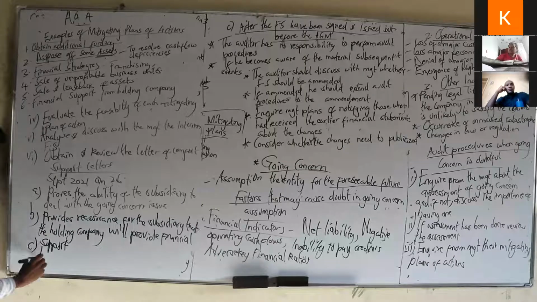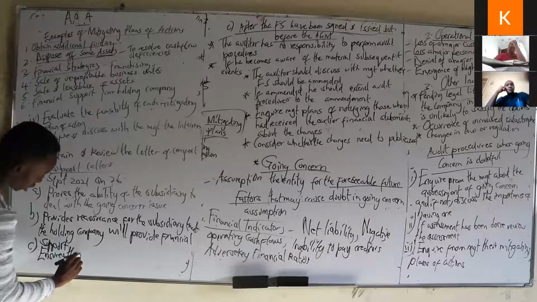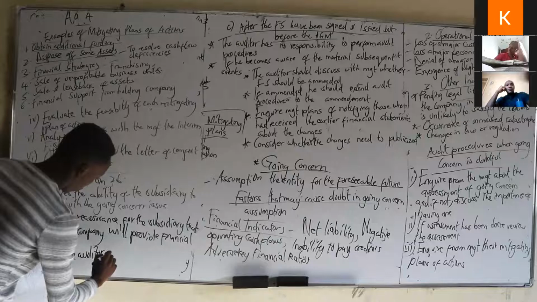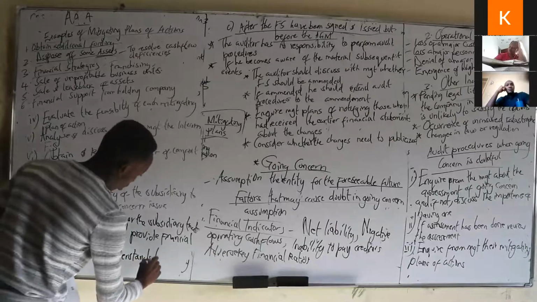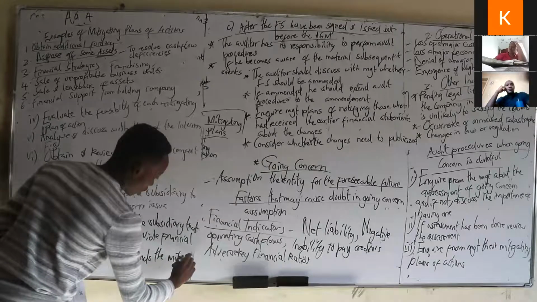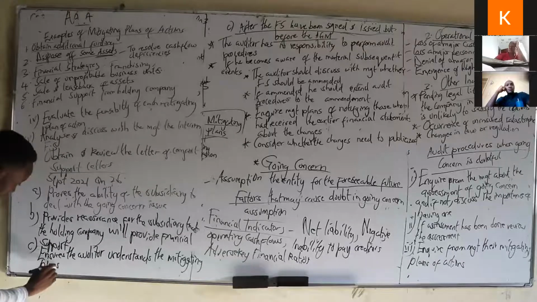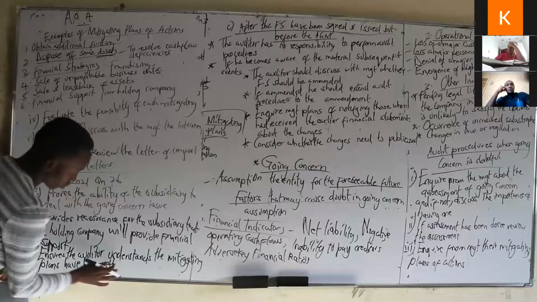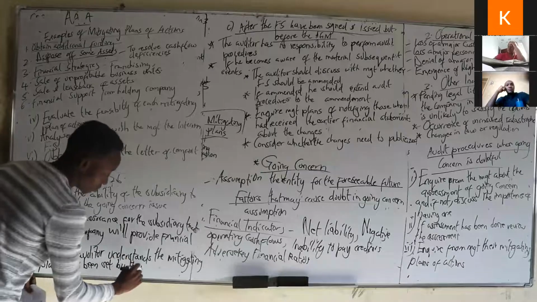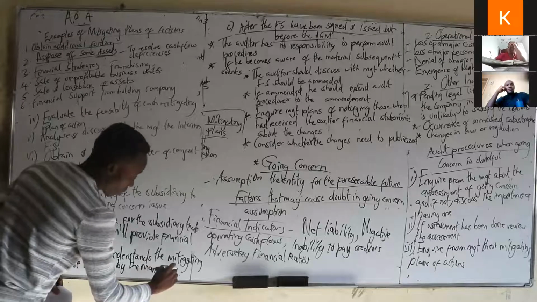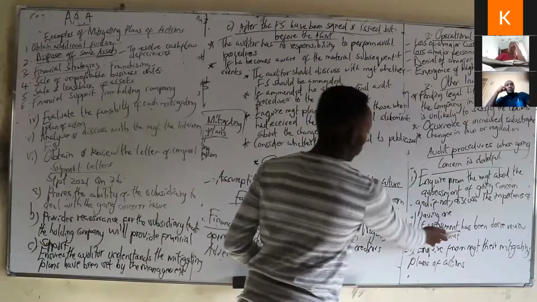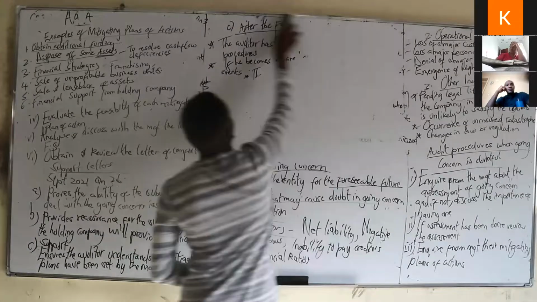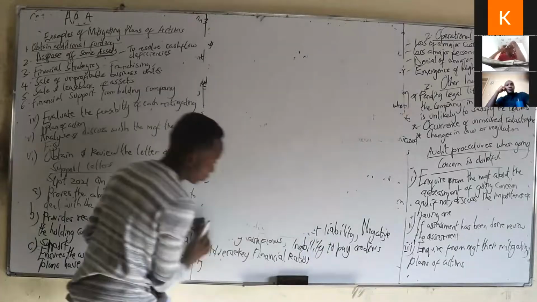So it also ensures the auditor understands the mitigating plans of action have been set by the management, because one of the issues is that the auditor will be looking for the mitigating plans of action, and he can rely on these support letters to know that the subsidiary will necessarily be taken care of in any case of the going concern problem.